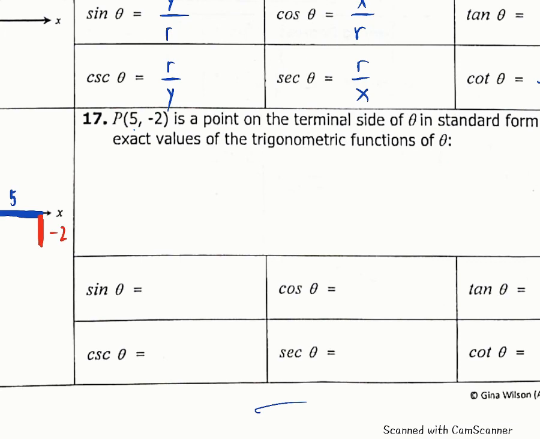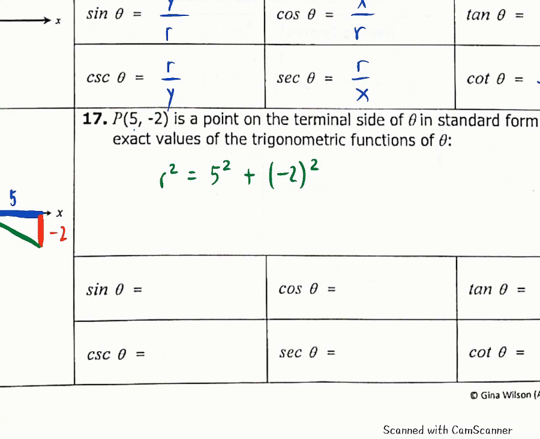2 down means -2. And then you've got this r value that goes from the origin to the end of that point, right? That is my r. So don't we need to find it? Well, isn't r squared equal to x squared plus y, being -2, I put it in parentheses, squared? Y'all with me here so far?